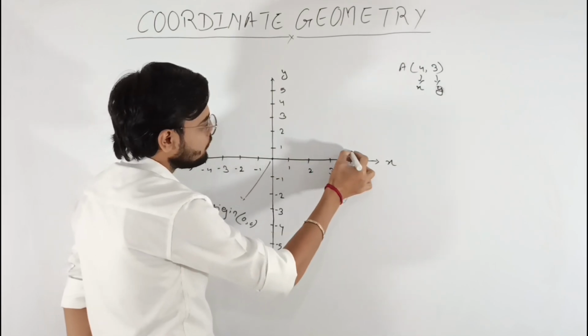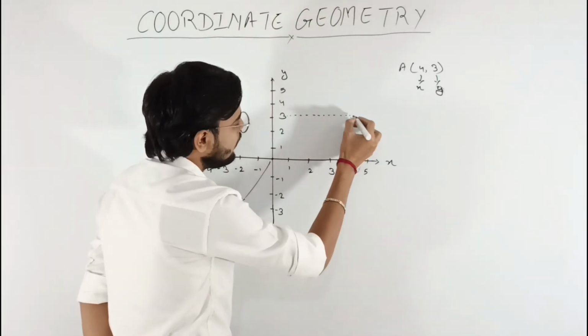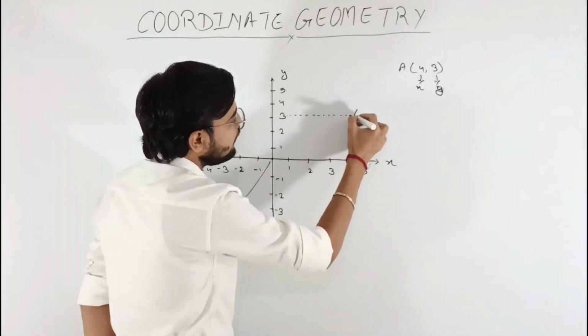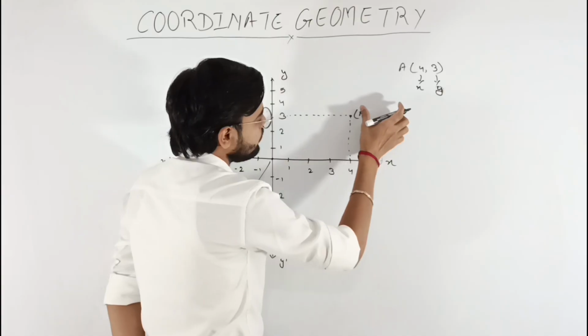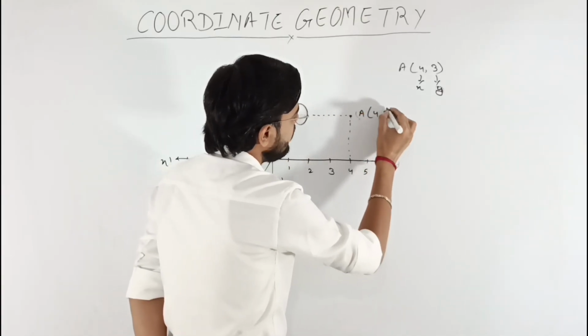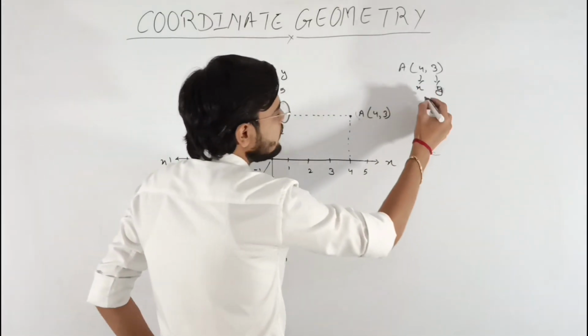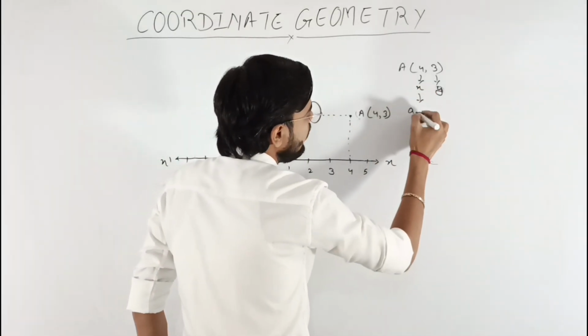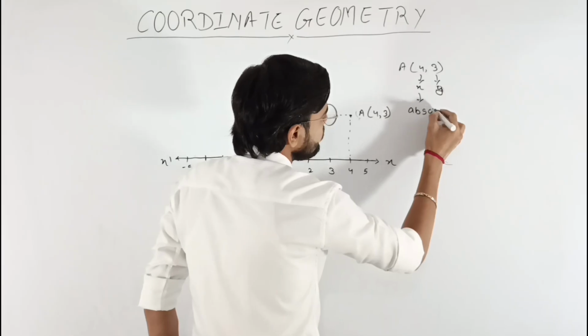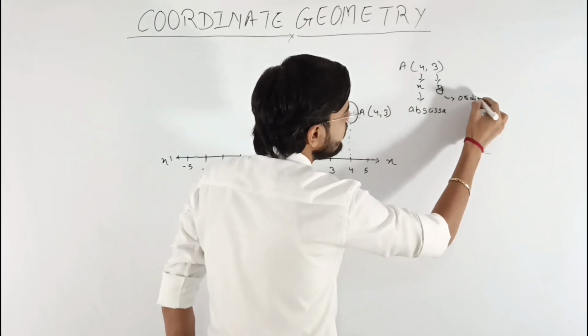Then these two lines intersect at this point, then this point is A (4, 3). The x coordinate is also called abscissa, and the y coordinate is also called ordinate.